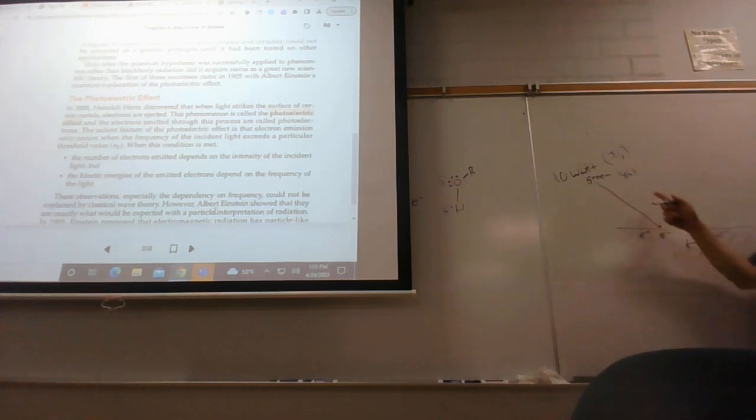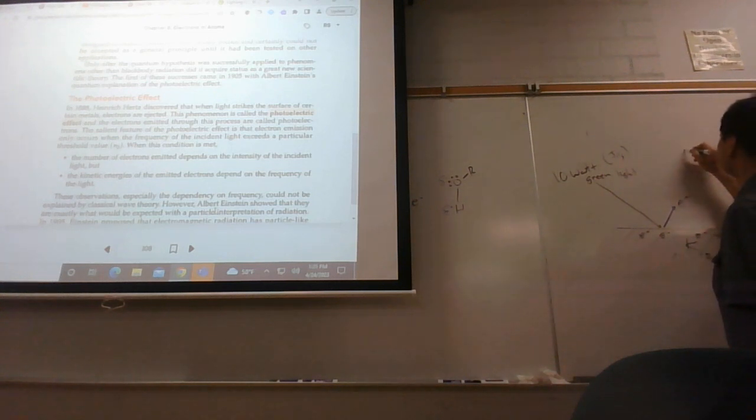And so that's 10 watts of green light. And when I shine 10 watts of green light, what happens here is electrons get ejected off the surface. That's enough to knock electrons off. In other words, one way of thinking about this is that 10 watts of green light knocks an electron off. It excites it, we say.